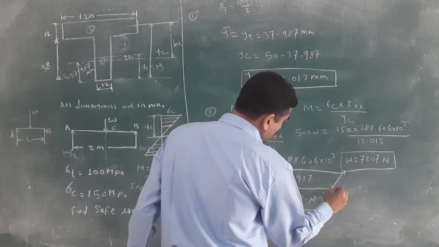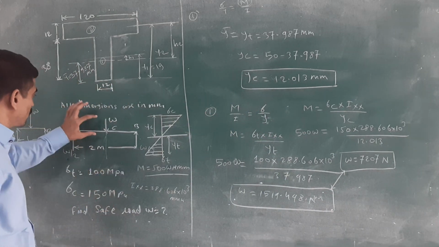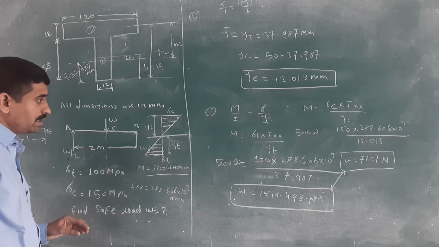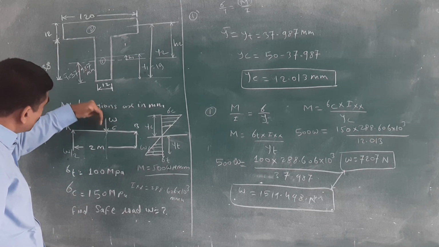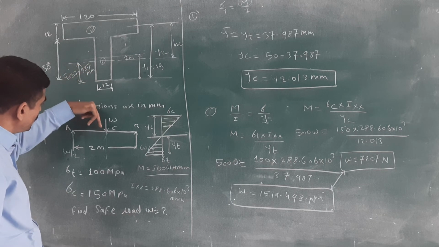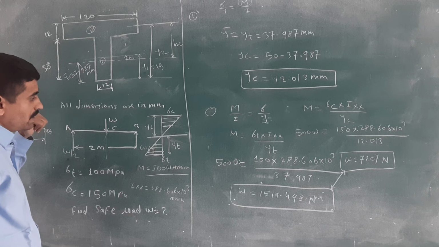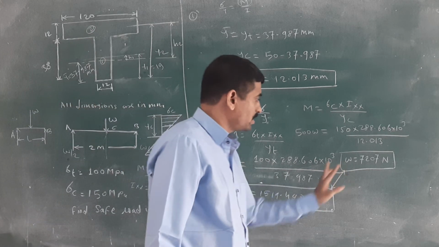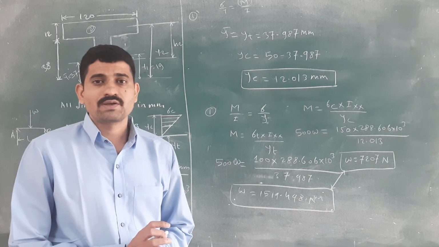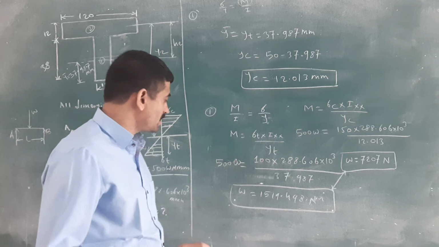What we want to find out is the safe load W. If you apply the maximum load on that T-shape simply supported beam, then it will bend. We want to apply the safe load, so which is the safe load? You have to choose the least value out of these two. The first one, tension, is the least value.